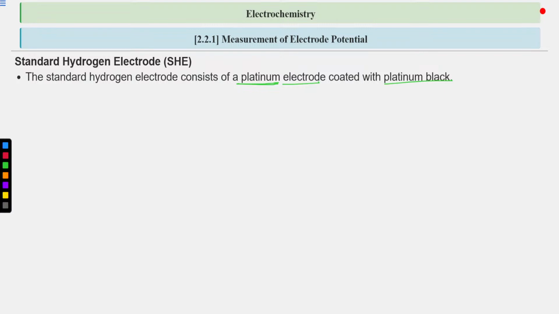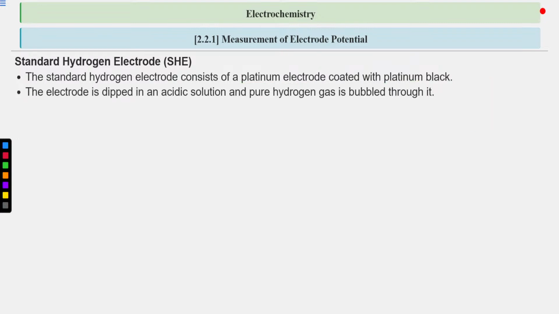As the name says, it has hydrogen, so a hydrogen reaction is going on, but if you consider the structure of the SHE, it consists of a platinum electrode. As I said, the SHE represents a half cell, which means it will only have one electrode, and that will also be of platinum, coated with platinum black.